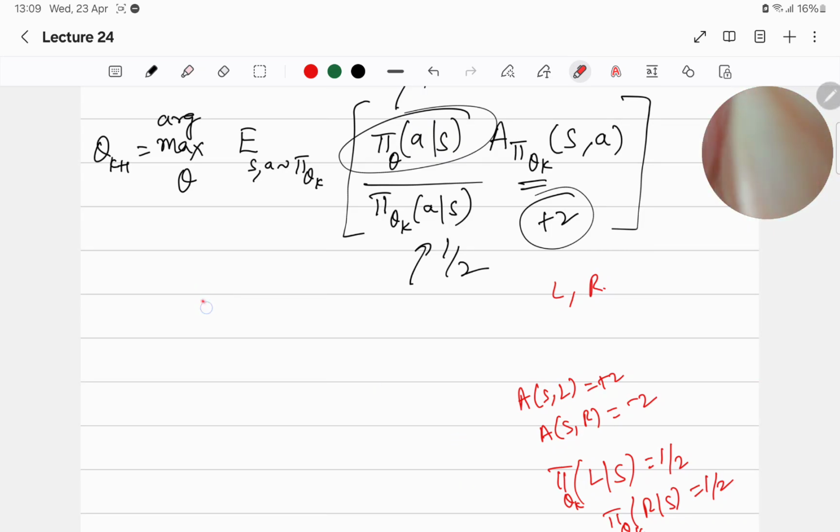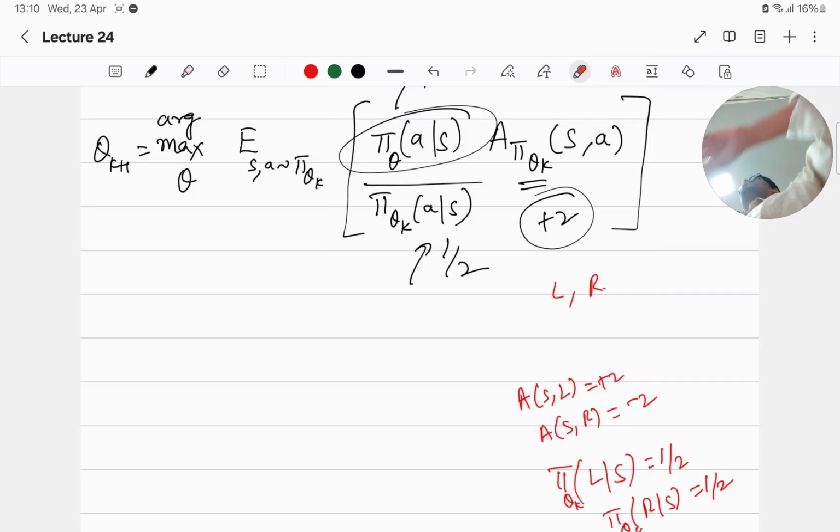So for TRPO, how do you ensure that two policies are close enough? Do you know any metric? KL divergence. KL divergence talks about how close two distributions are, right? A policy in a given state is a distribution for us. So TRPO constrains the KL divergence between my current policy and the new policy to be less than or equal to some threshold.